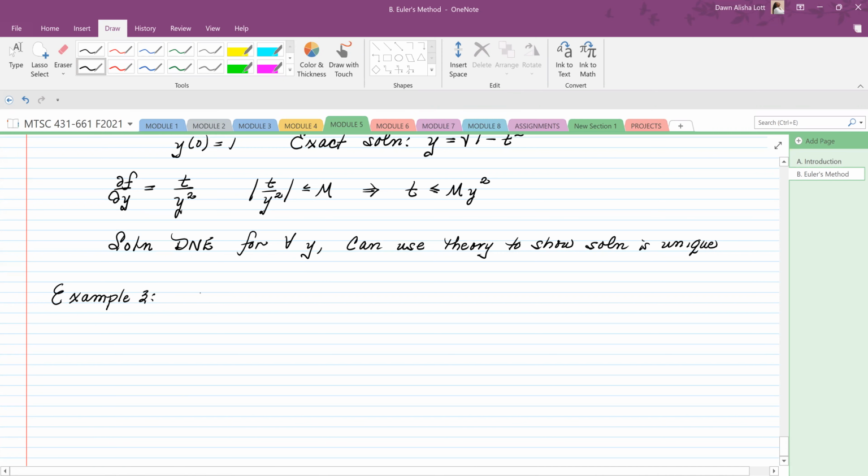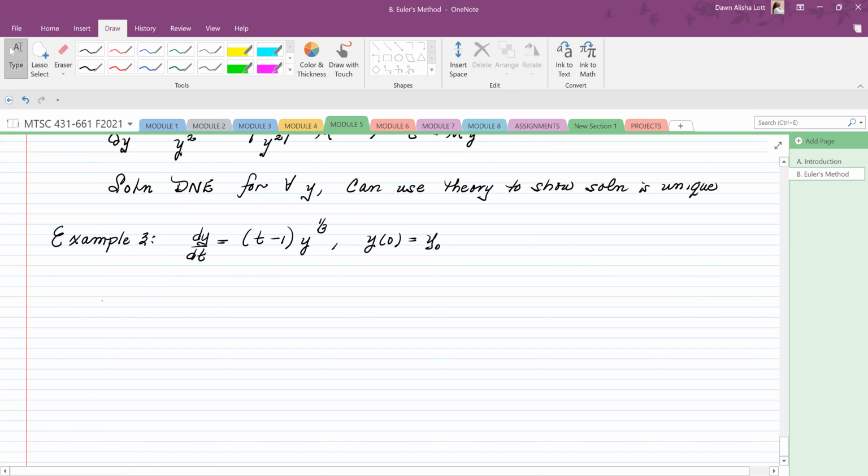And that was dy/dt equal to (t minus 1) y to the 1/3 power, where we had y of 0 equal y naught. So we get the partial of f with respect to y. Oh, well, that's the absolute value of 1/3.